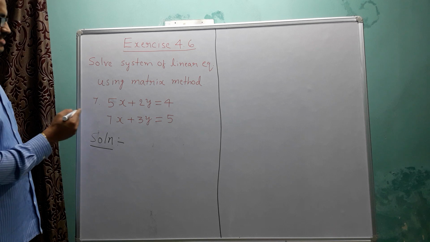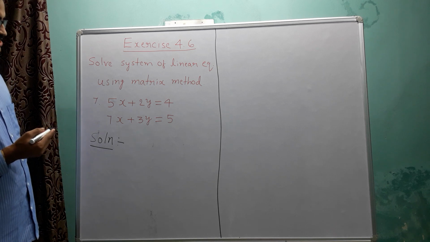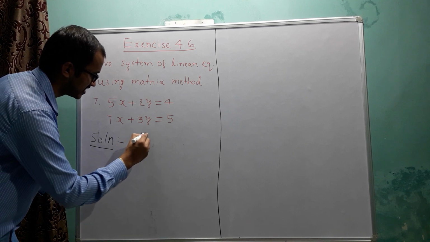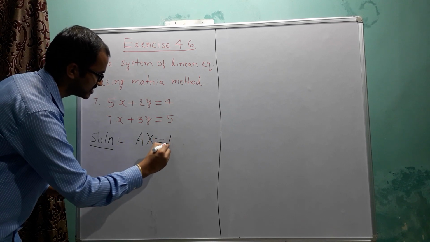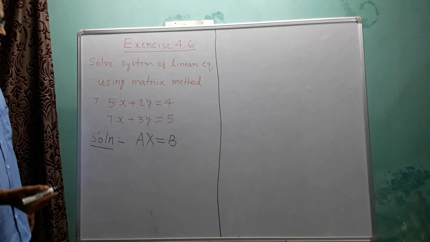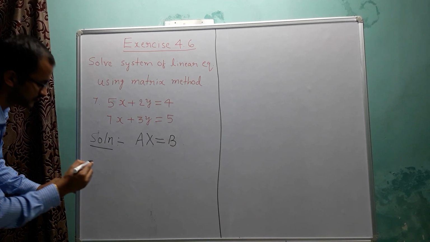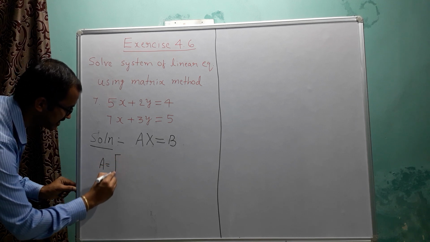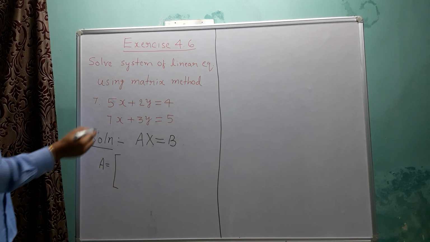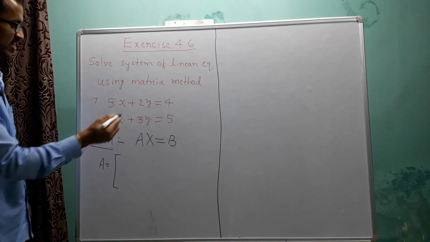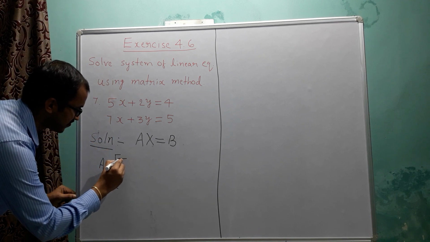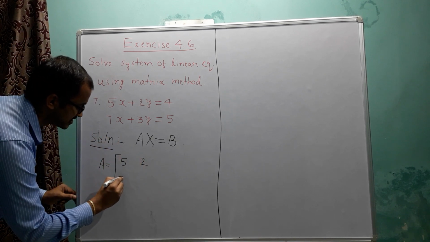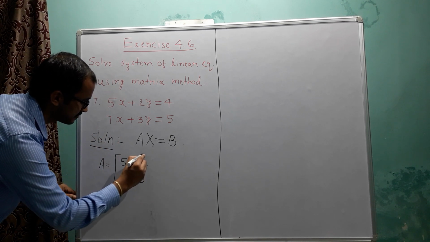So first we write the system of linear equations in the matrix form. That is, we are writing it in the form AX = B, where A is the coefficient matrix. If you write the coefficients of x and y, that is 5, 2, 7, 3.